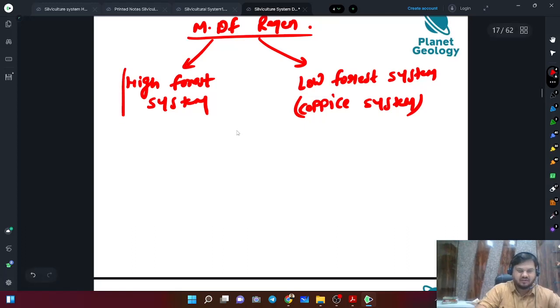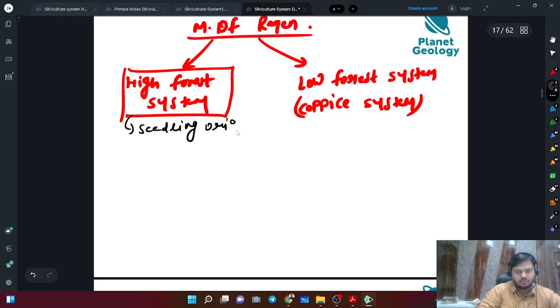High forest system. What is a high forest? We have also read this in classification. So high forest is any forest where regeneration is done by seedling origin, right? It could be artificial or natural, right?